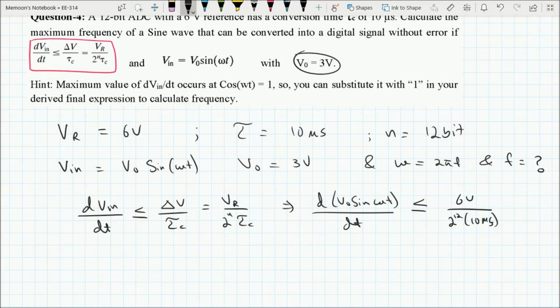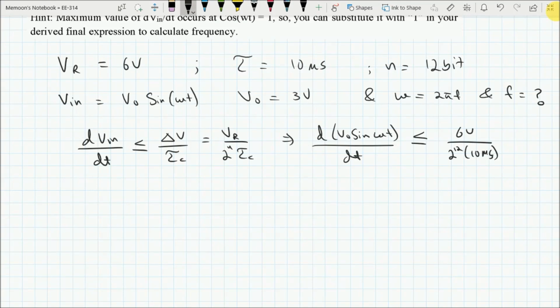And the differential of this is V naught omega cos omega t should be less than or equal to 6 over 2 raised to power 12 into 10 into 10 raised to power minus 6.